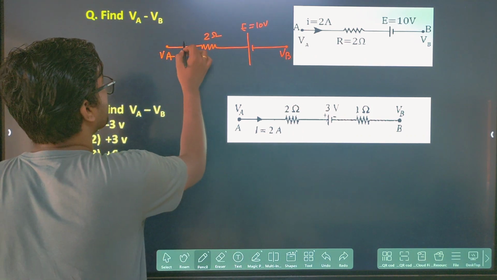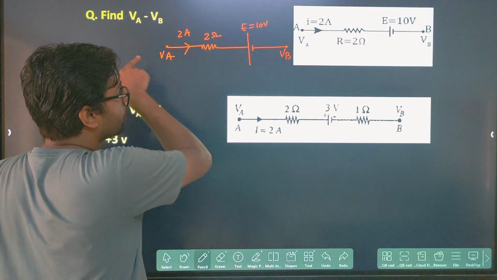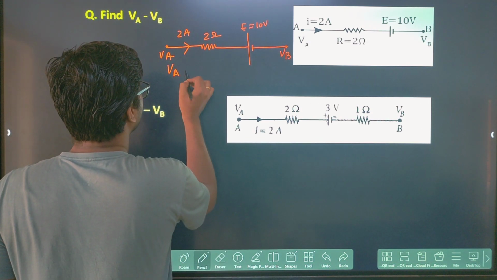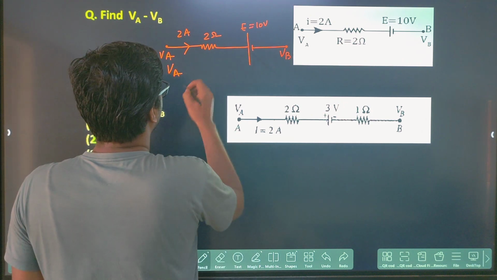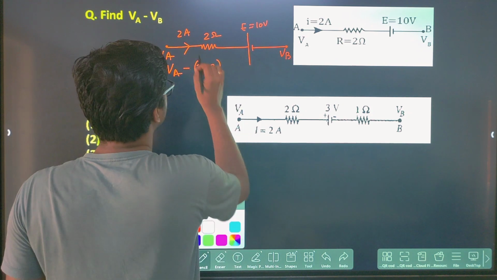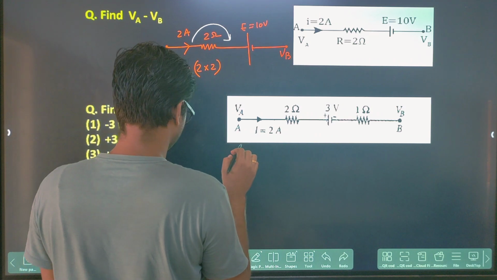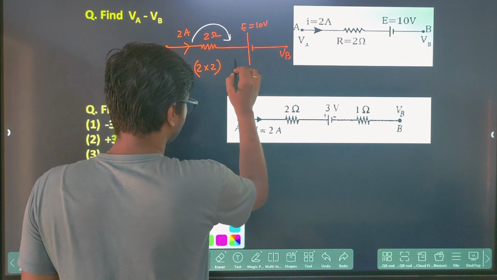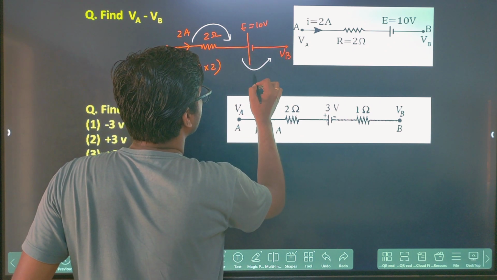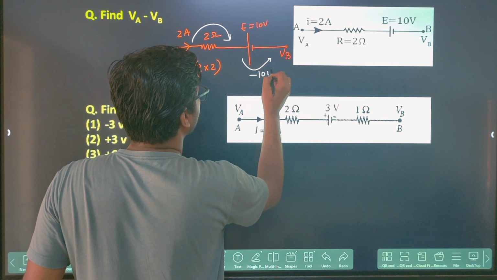They are asking VA minus VB, you have to find out. The current is flowing along this direction, 2 ampere. So along the direction of the current, if you are moving through the resistor, there will be a potential drop. So you will say VA minus 2 into 2. Why is it minus? Because you are moving along the direction of the current through the resistor. And here, you are moving positive to negative, so there will be a drop in potential, that means minus 10 volt.